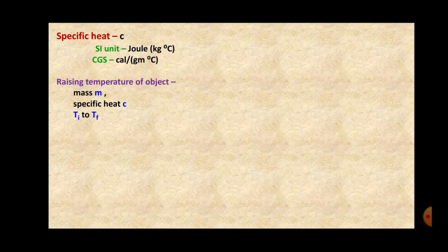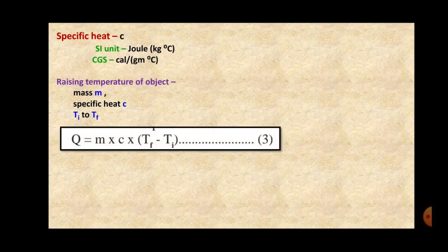So if we represent mass with m, specific heat with C, and the temperatures Ti and Tf, then this increase in temperature can be written as Q is equal to m into C into Tf minus Ti.